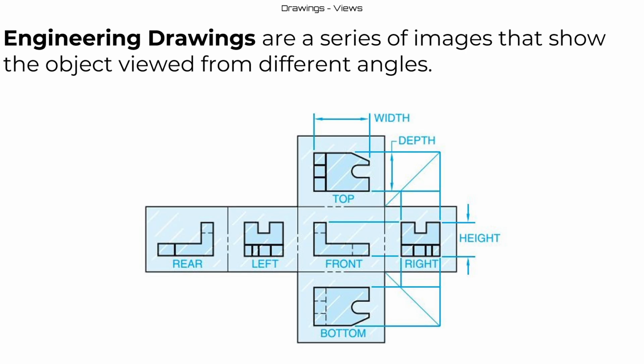So now we're going to go over engineering drawings. The basics of engineering drawings is just how you are going to visually represent a part that you have just created.